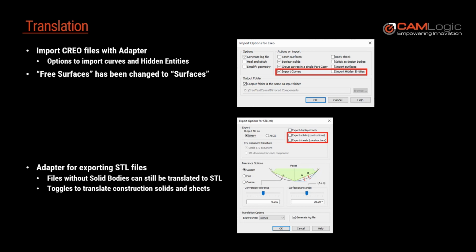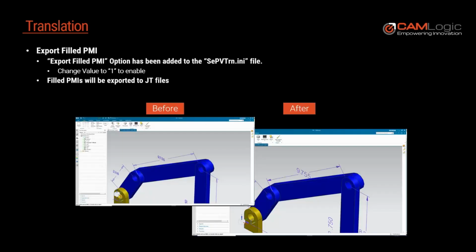So if you want to import just surfacing, or whether it's construction bodies or construction sheets in this case, that is an option. So those are 2 toggles that I have circled there. They're to give you the option to export just or include the sheets that are not fully solid bodies.